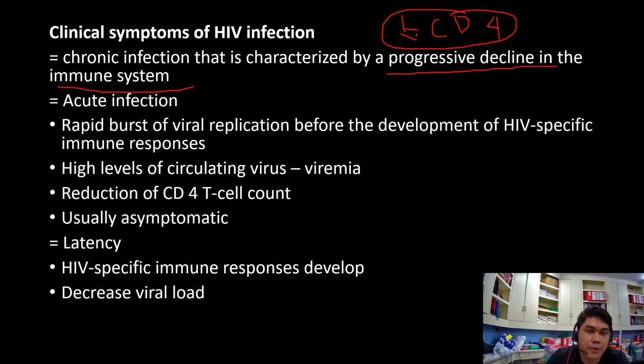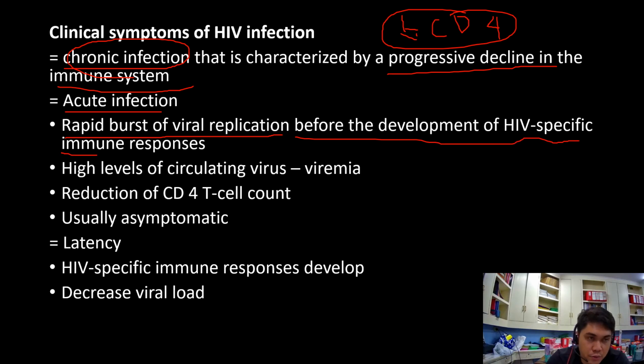So there is chronic infection because you have a weak immune system. So for acute infection of HIV, you have a rapid burst of viral replication before the development of HIV-specific immune response. So you have increased production of HIV before the production of antibodies or HIV-specific immune responses.